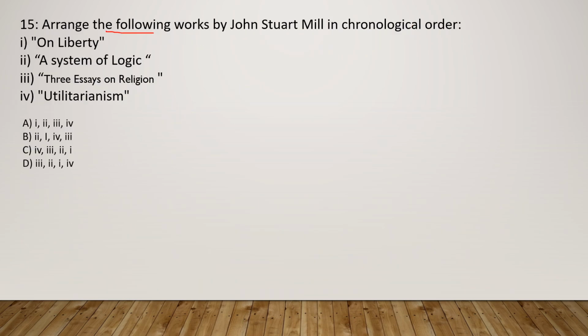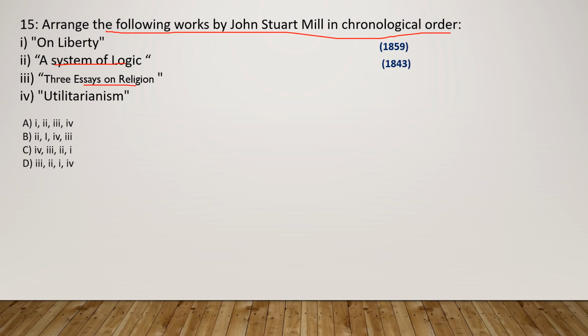Arrange the following works by John Stuart Mill in chronological order. For arranging the books, you must know the publishing years of that particular book precisely. On Liberty was published in 1859. A System of Logic was published in 1843.